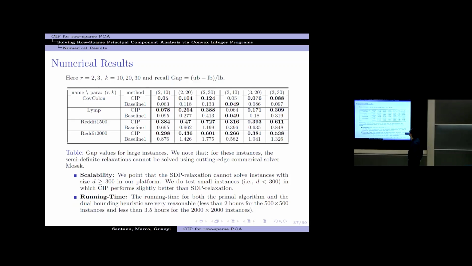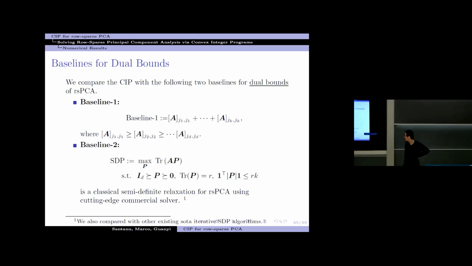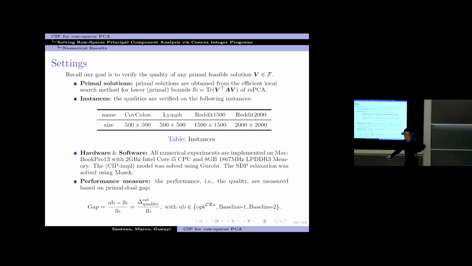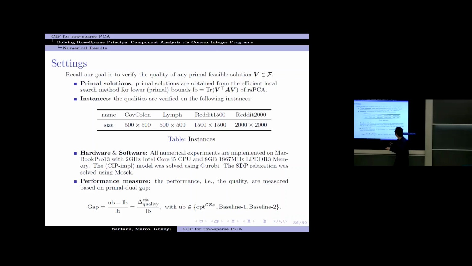As you can see from the comparison, the convex integer programming method outperforms baseline 1, and for baseline 2, the SDP relaxation, a very important point I would like to point out is that when it goes to the 500 size matrix, the SDP relaxation requires too much space complexity, and it cannot be solved on my MacBook.